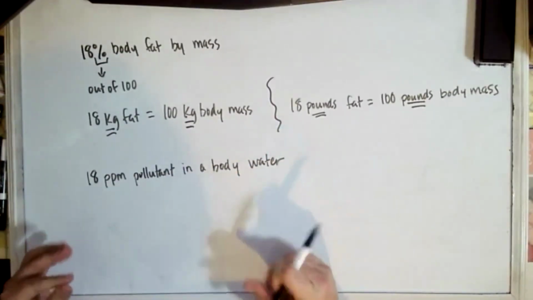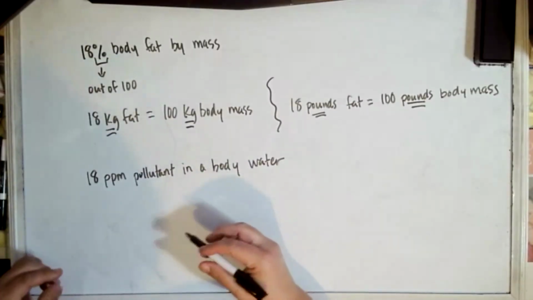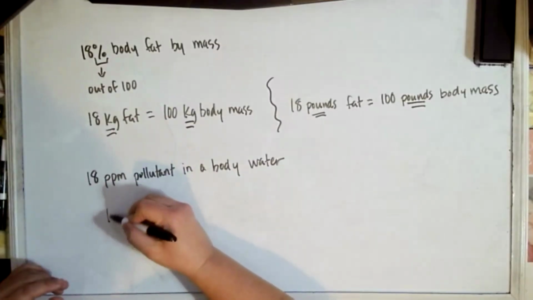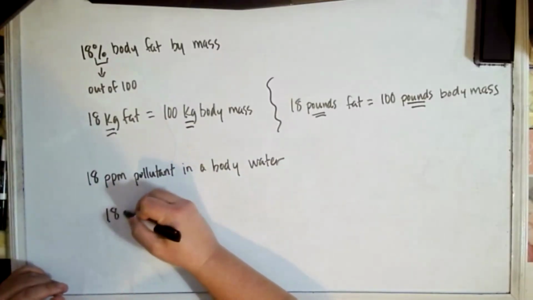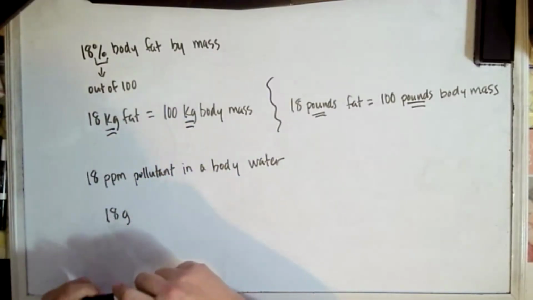So what we would say then is, all right, it's parts per million. So that means that in every, let's say there's 18, and you can use different types of units to express this too.